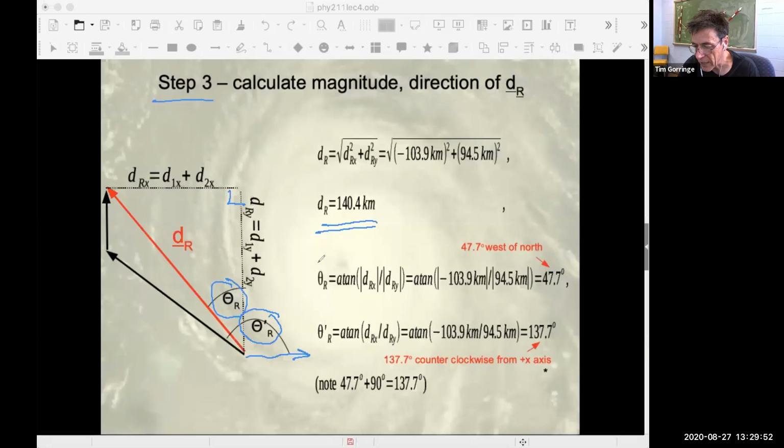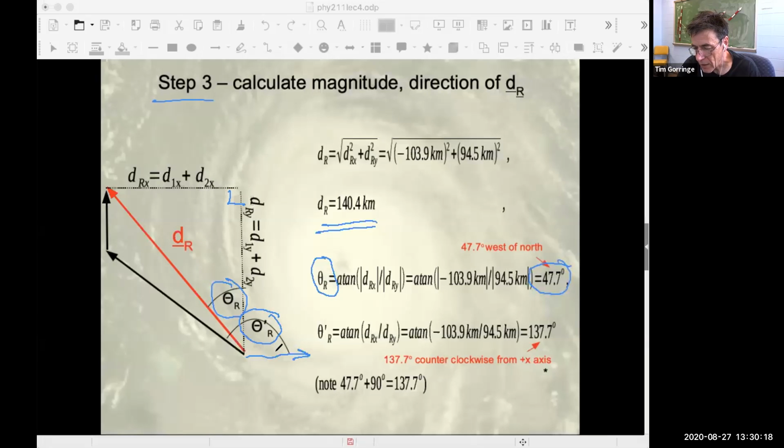So I can get theta r, how many degrees away from due north, by taking the size of the opposite side and dividing it by the size of the adjacent side. I did that here, and I got 48 degrees roughly.